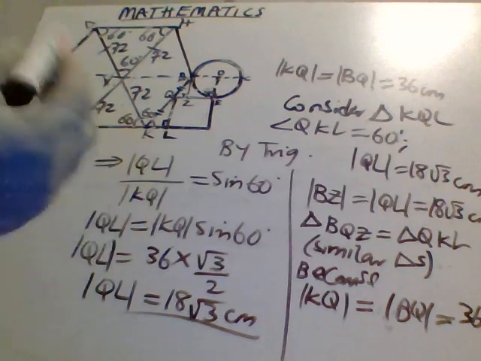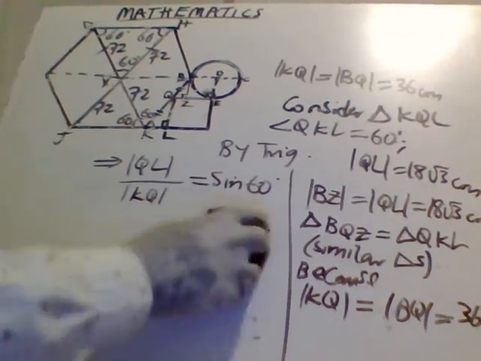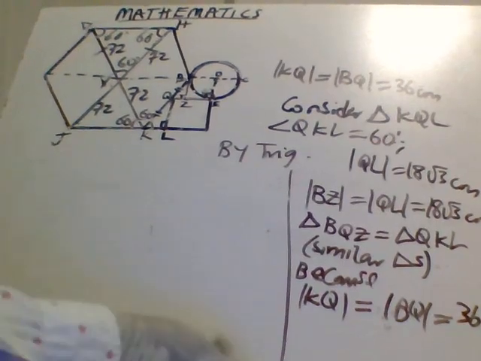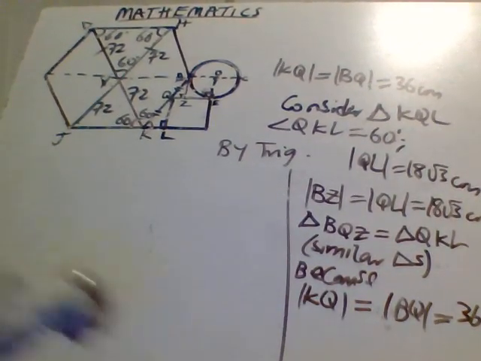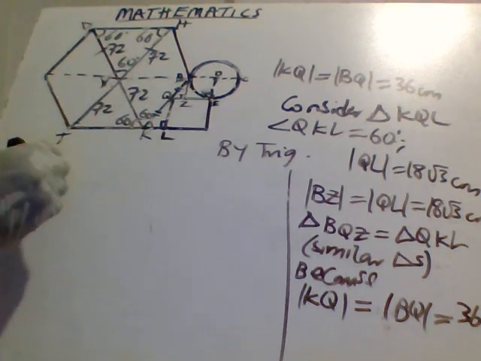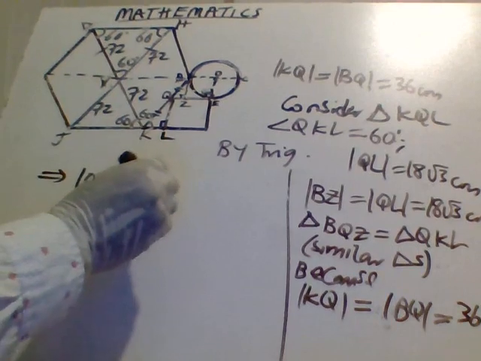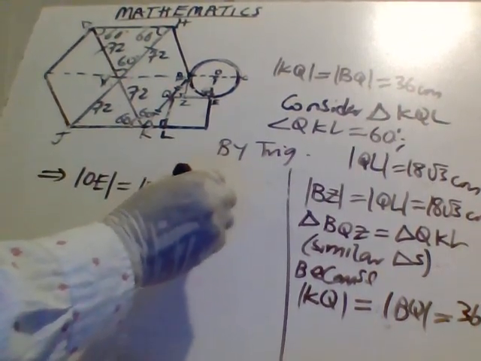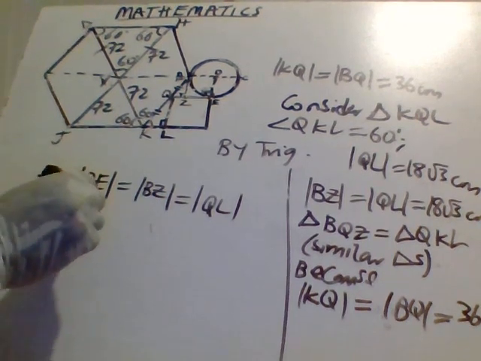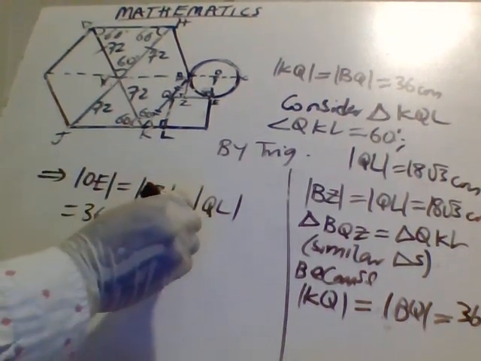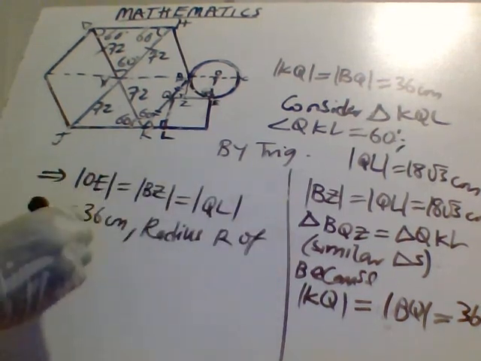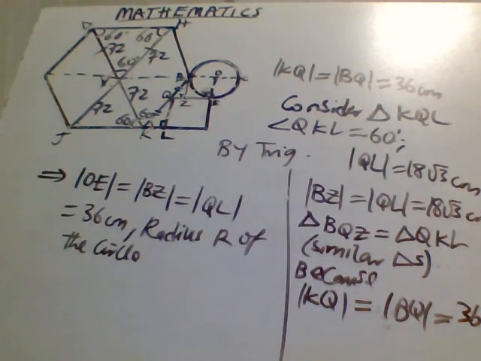What am I saying? I'm trying to prove to you that the length OE, are you seeing OE, which is the radius of the circle, is equal to BZ and is equal to QL. This is equal to 36 cm, the radius R of the circle. Is it not?